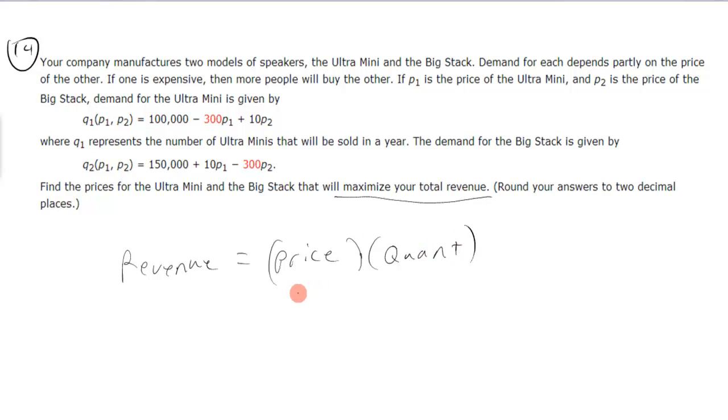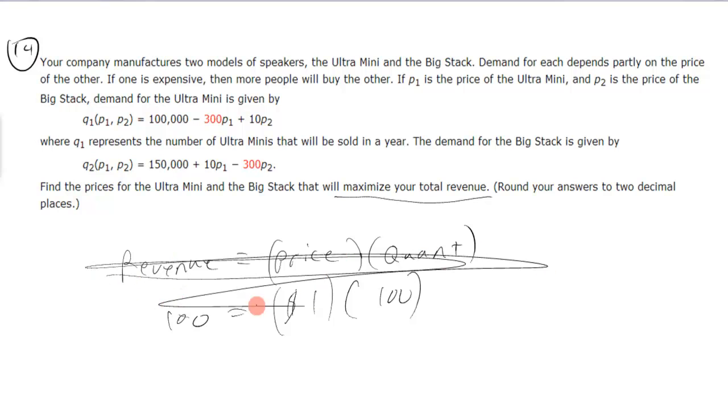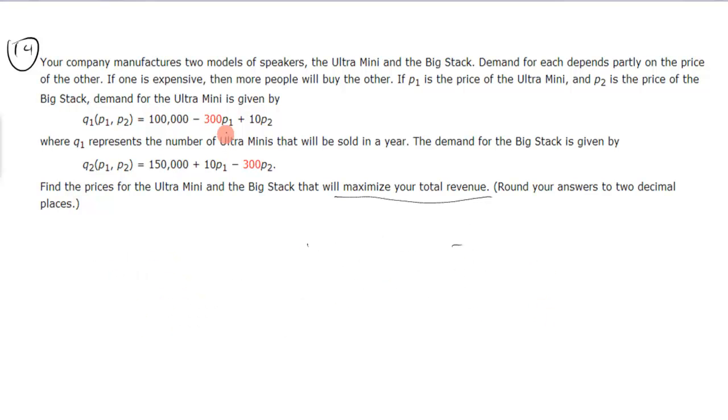So if I sold candy bars at $1 and I sold 100 of them, that means my revenue is $100, right? Notice that doesn't mean profit, because we don't have cost anywhere worked in here. All we're trying to do is maximize the amount of money coming in. So the question is what price should you set each of these things at to maximize revenue?